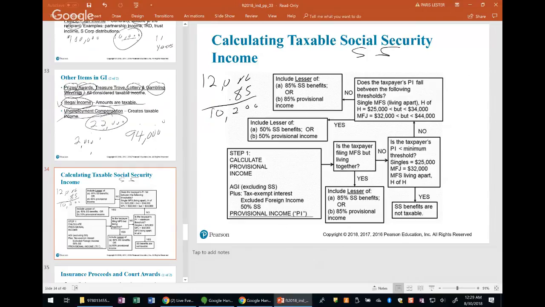10,200. Now it says include the lesser of 85% of your benefits. We just did that. Or 85% of your provisional income. All right. And let's say your income was 20,000. What's 85% of that?